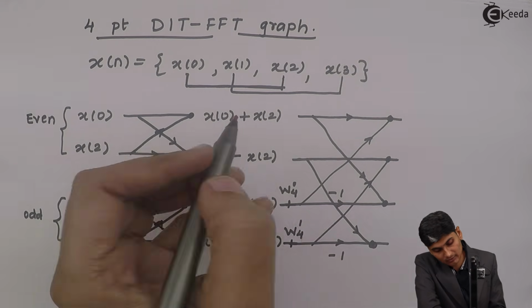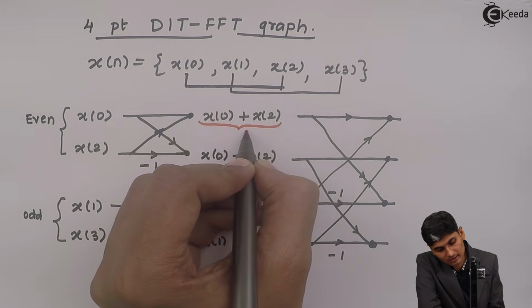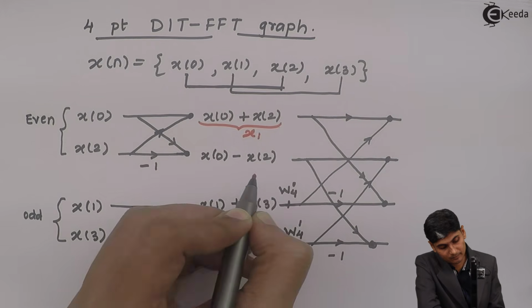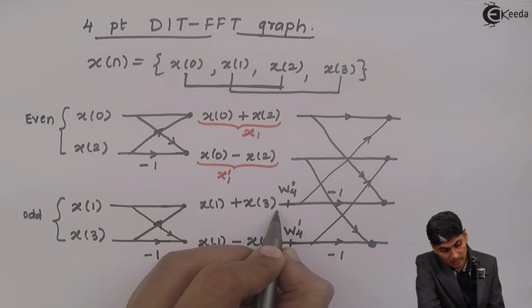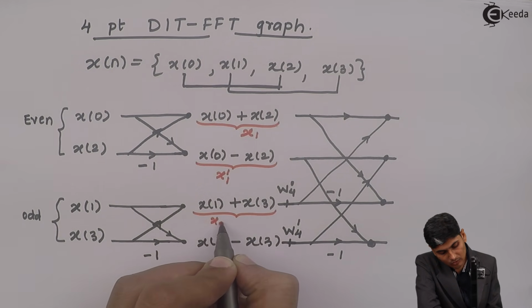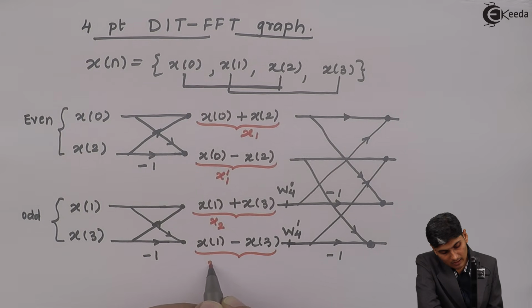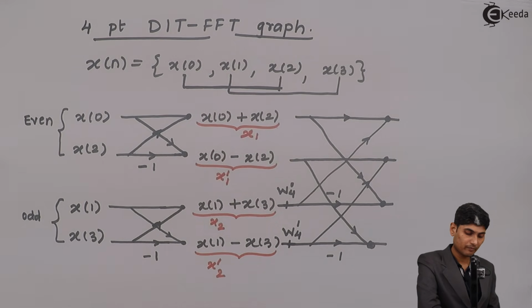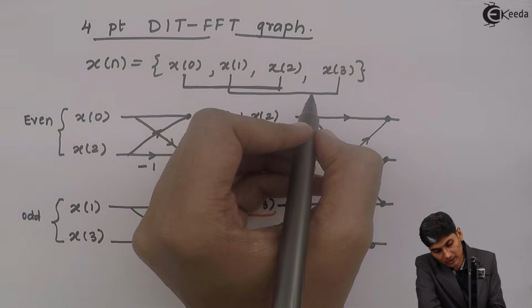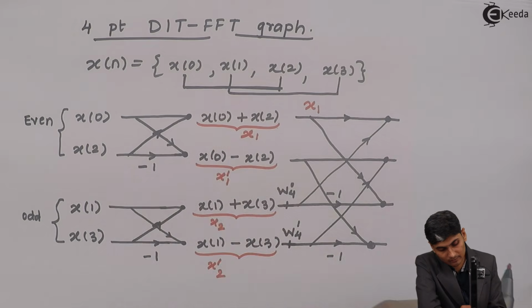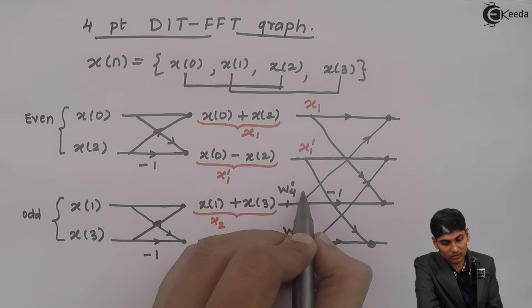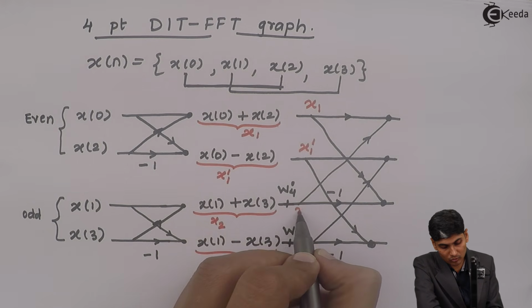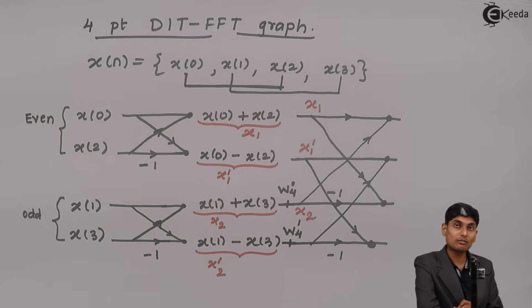Let us name these values x1, x1 dash, x2, and x2 dash. Now at the input I have x1, x1 dash, then W4 raised to 0 is nothing but 1, so 1 multiplied by x2, and at this crisscross I am going to get x2.